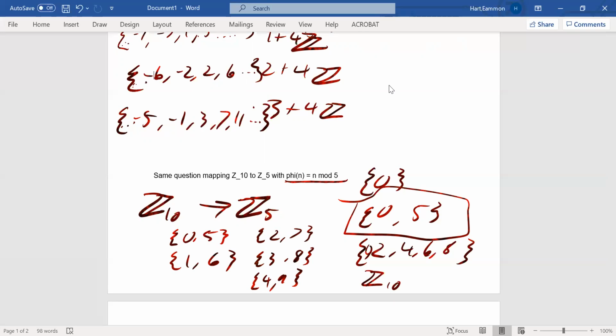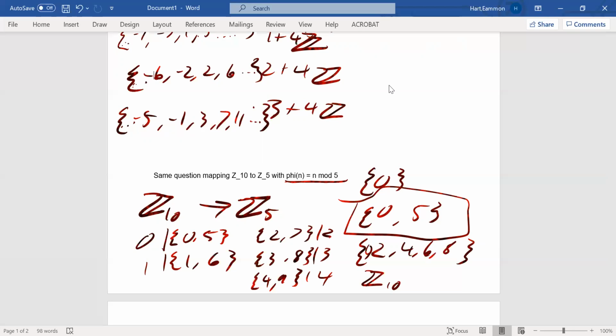And what are each of these going to get mapped to? What does this get mapped to? 0. This one, 1, this one, 2, this one, 3, and 4. Cool.